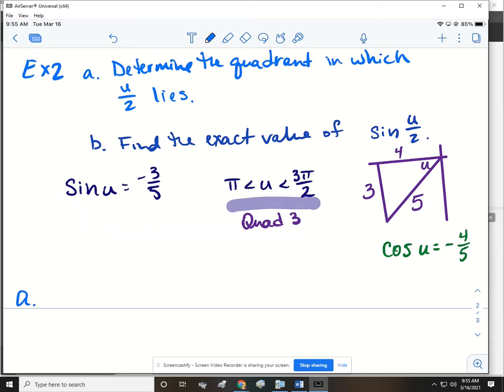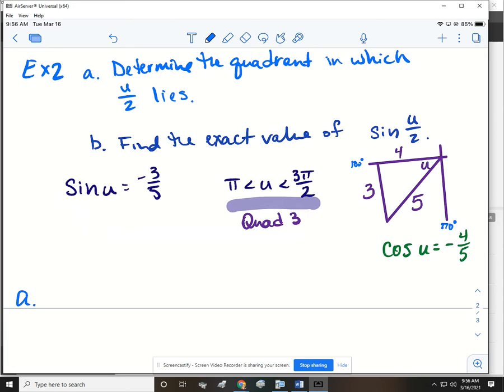I think you'll remember it more likely if you just pick an angle in quadrant 3, an angle that you know for sure falls between 180 degrees and 270 degrees. An angle that is pretty easy to take half of is 200 degrees.